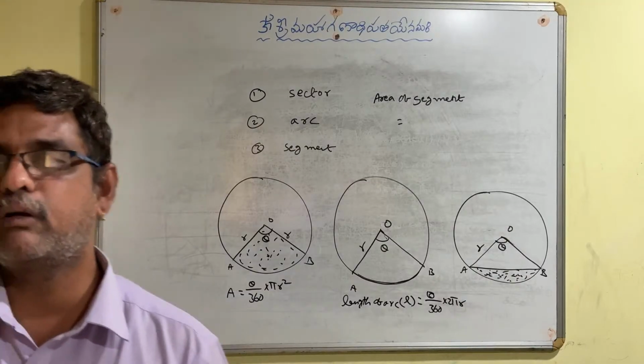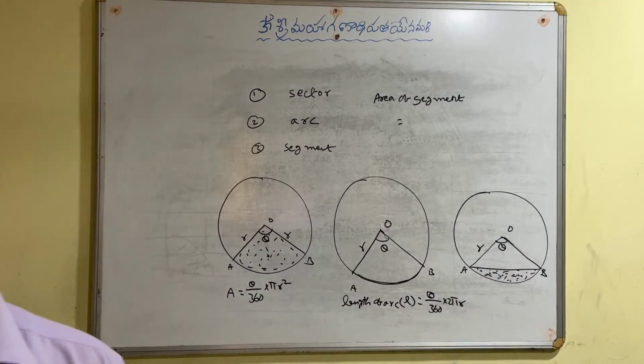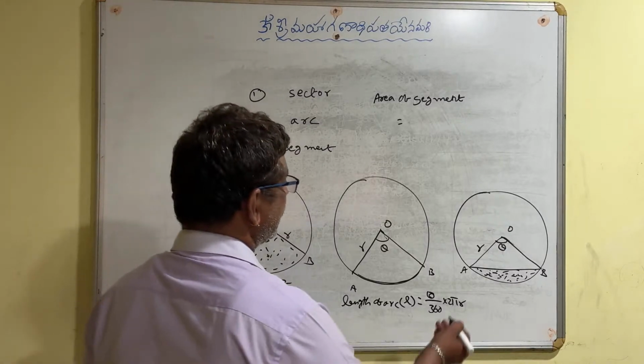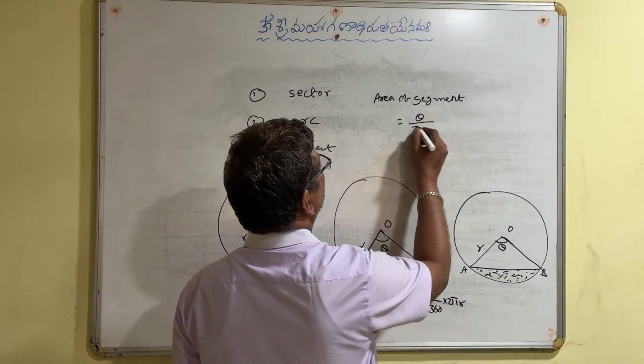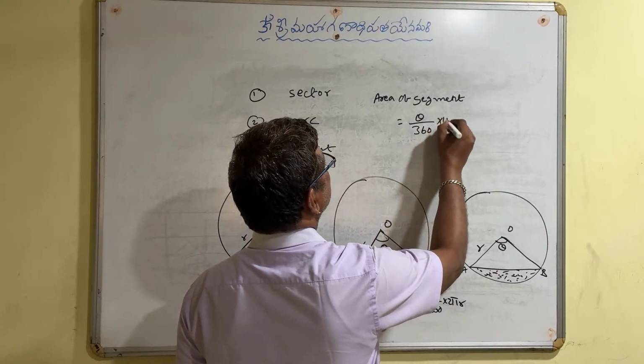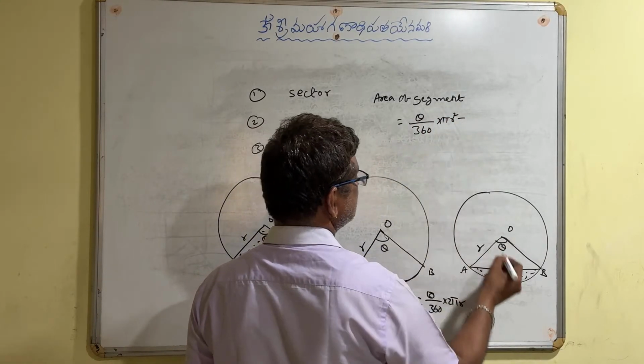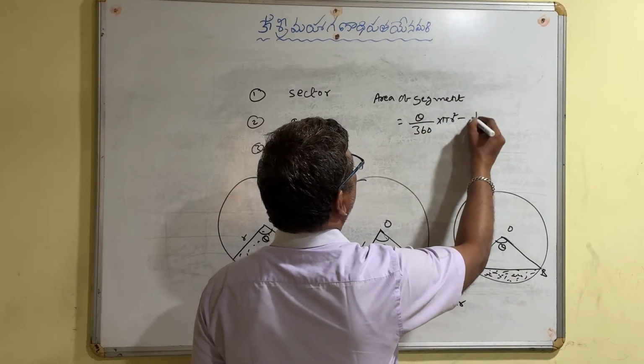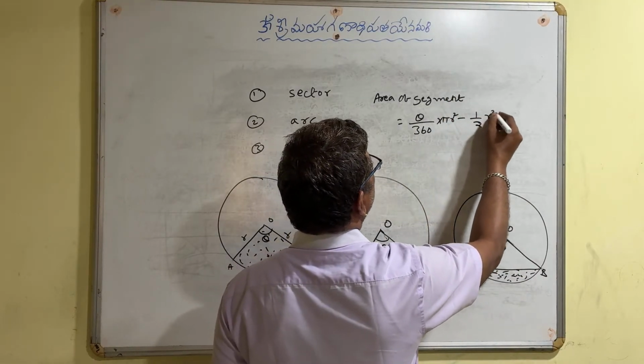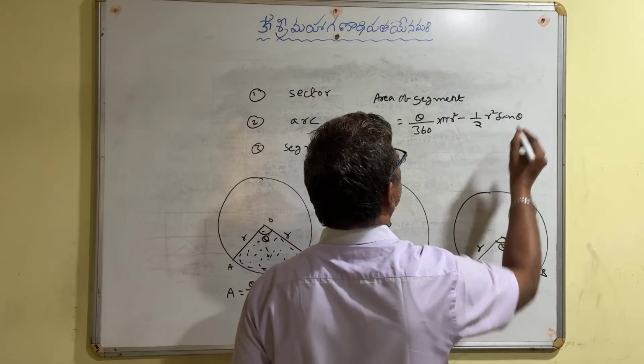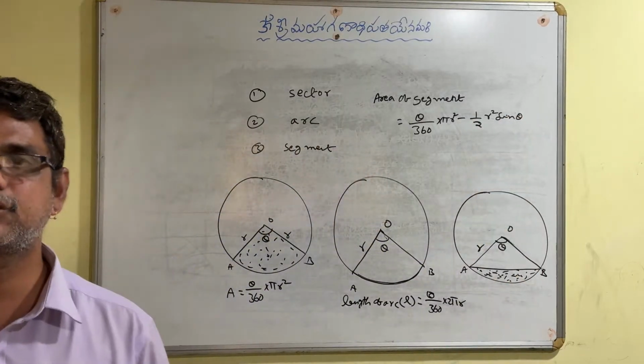In order to find out area of segment, we must need the sector angle as well as the radius of the sector. Theta by 360 into pi r square minus half r square sin theta.